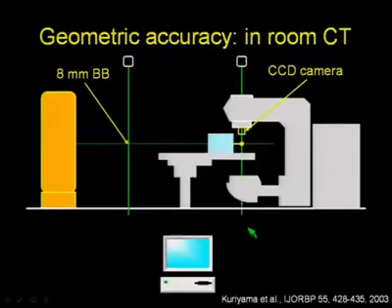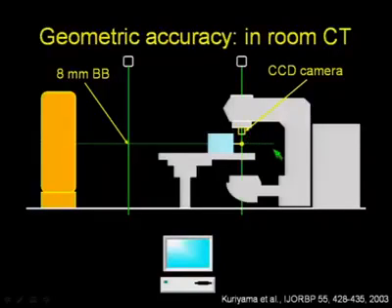So essentially, to test the geometric accuracy of in-room CT, one uses a ball bearing phantom. You see ball bearings all the time in the image guidance. That is carefully aligned using the reference laser lines, and can be tracked with a CCD camera mounted onto the accelerator for calibration purposes.